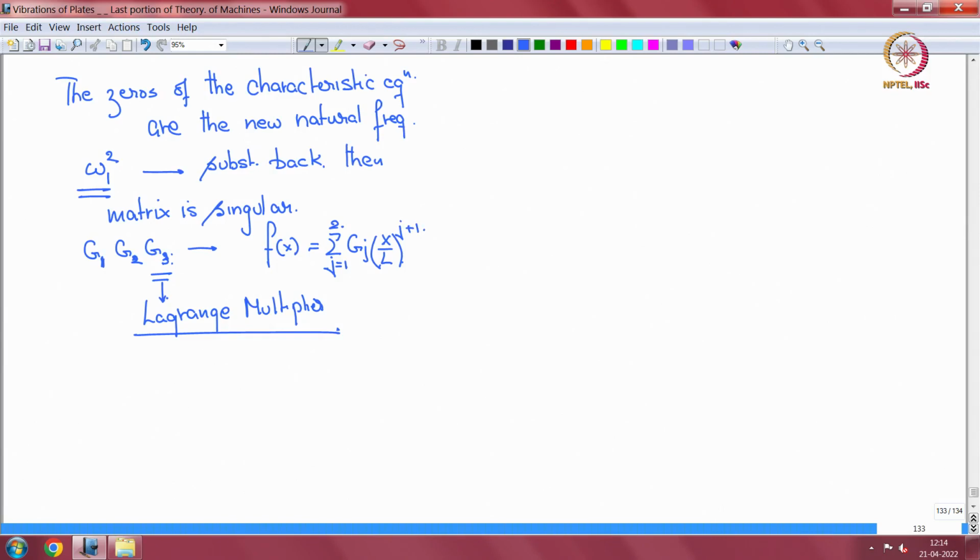So the weights Gj are adjusted because of the constraint G3, and you will find that this displacement actually goes to 0 at the restraint.